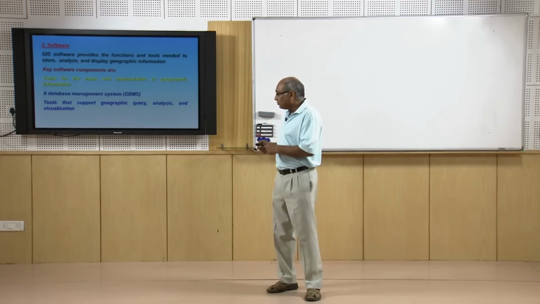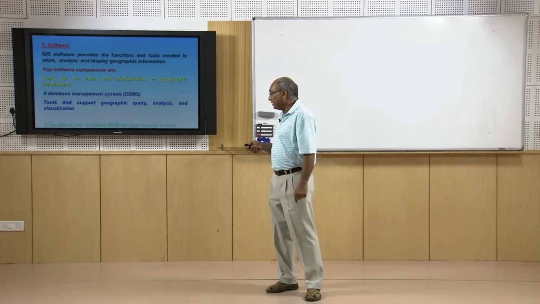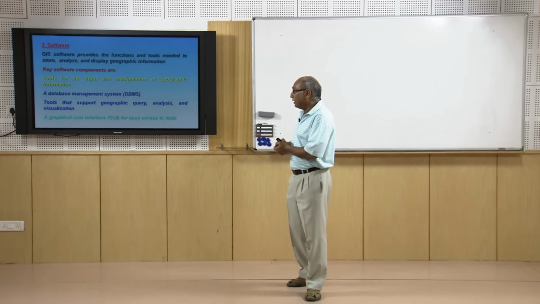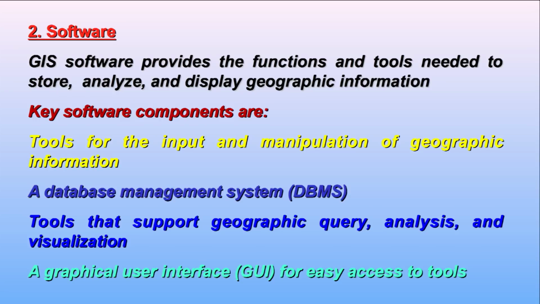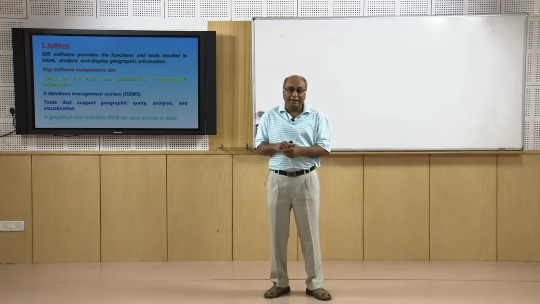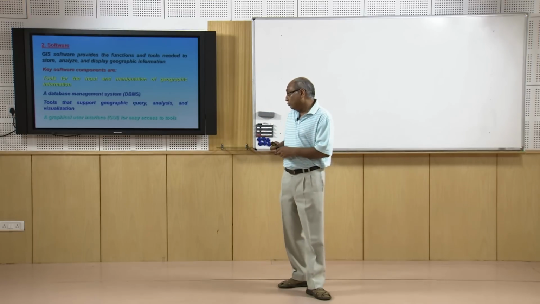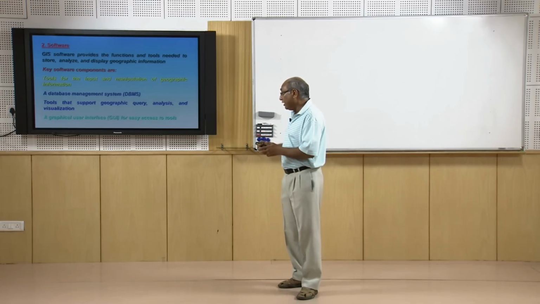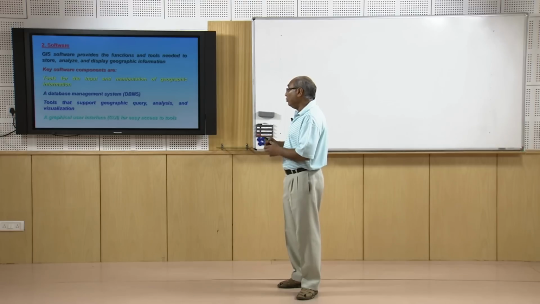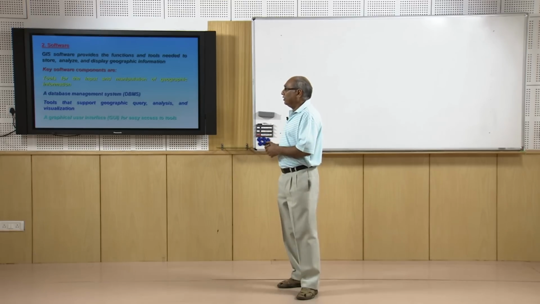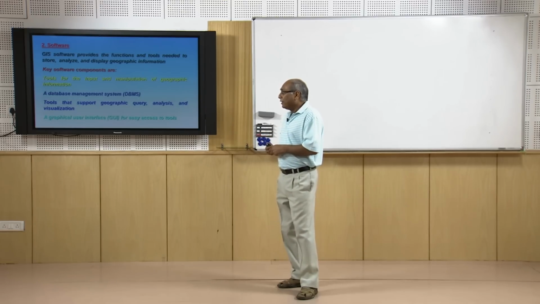So your GIS software should support all these things. And the last one is that nowadays it is required to have a GUI; in earlier versions everything was through command mode, so everything had to be typed. Now it is all through Windows or GUI interface, so you have easy access to these tools.